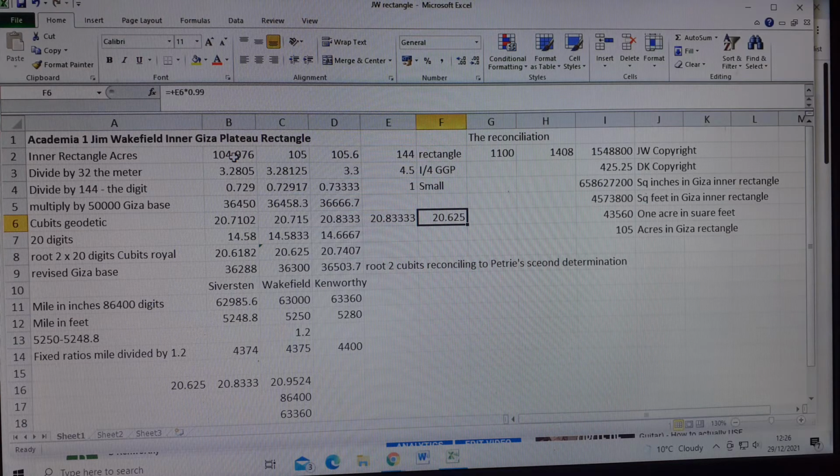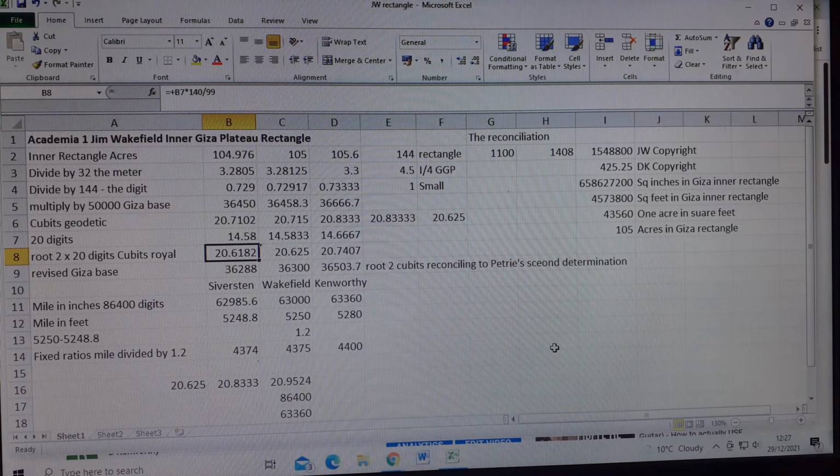Now, we're going to complicate matters now, because these geodetic cubits are not producing the cubit lengths that Harry and Jim are suggesting they were using. And the reason for that is these are geodetic cubits, not royal cubits. And to get a royal cubit, we multiply the digit by 20, that's there, and then we multiply that by the approximation for root 2 that Berryman tells us these people were using to produce their cubit, and there it is.